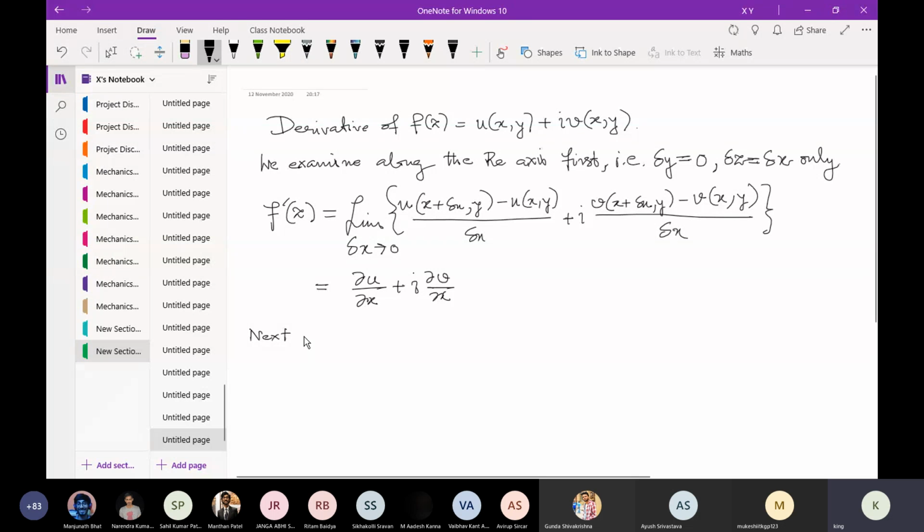Thereafter we will consider along the imaginary axis only.